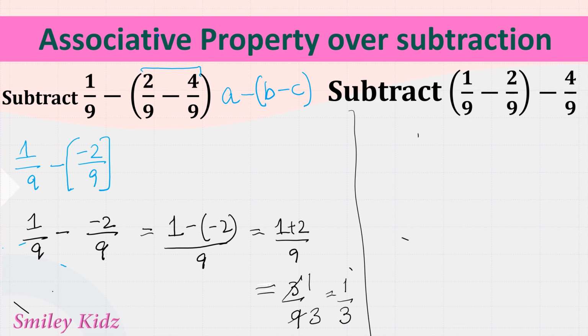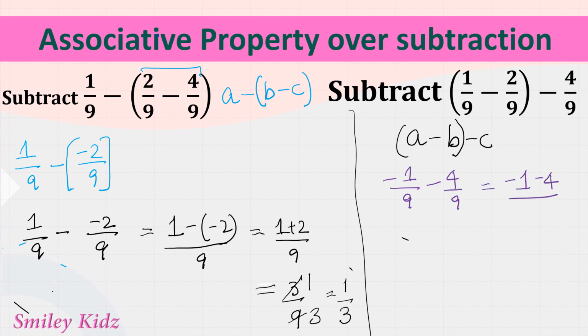That is A minus B minus C, where A and B are in brackets. So first we'll be solving the brackets part. 1 by 9 minus 2 by 9 will be minus 1 by 9. Minus 1 by 9 minus 4 by 9, which is equal to minus 1 minus 4 by 9. Here we are having same sign, so we will add and put the bigger number sign, which is equal to minus 5 by 9.